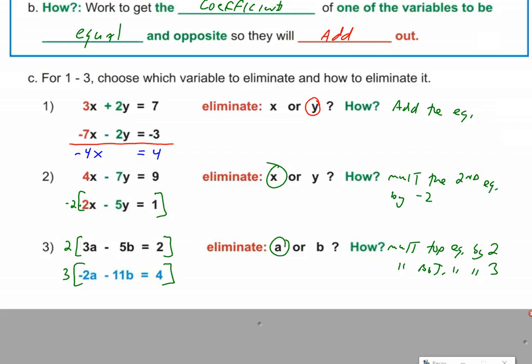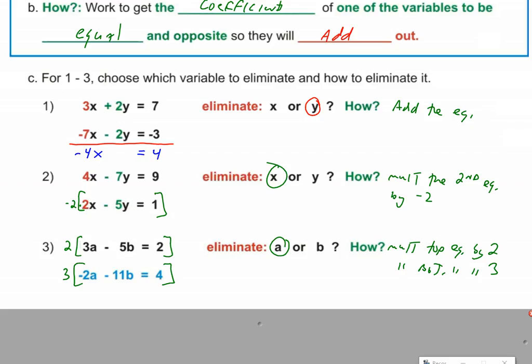Wesley, question? Pretty sure I heard Tristan saying negative 2. Did he say negative 2? I think so. Well, if he did, it's a 2. Okay. All right. Positive 2 on the top, positive 3 on the bottom. That gives me a positive 6a on the top and a negative 6a on the bottom, and we're ready to roll. All right? So we're multiplying the top by 2 and the bottom equation by 3.